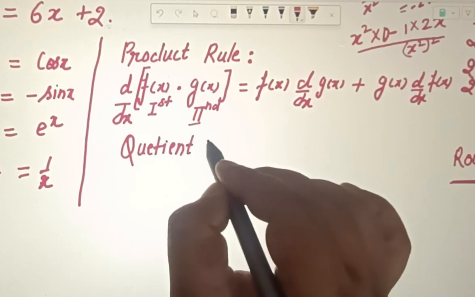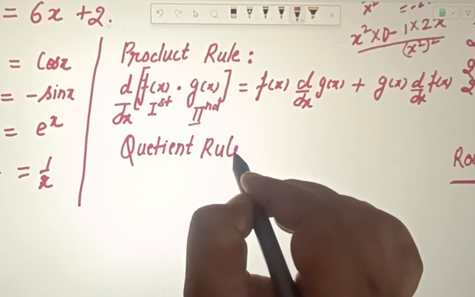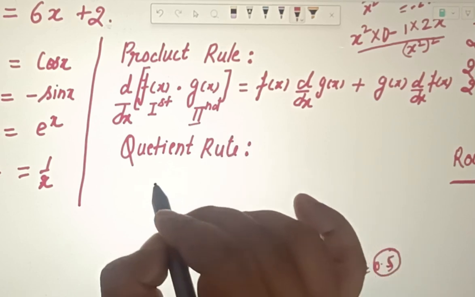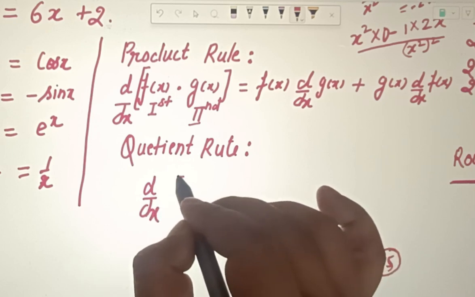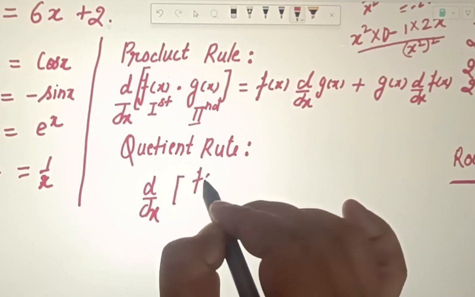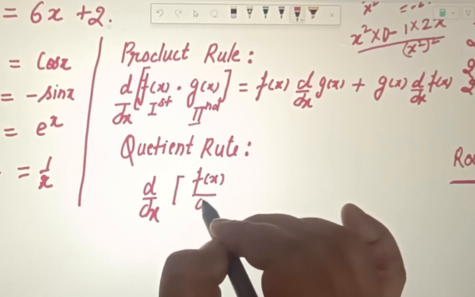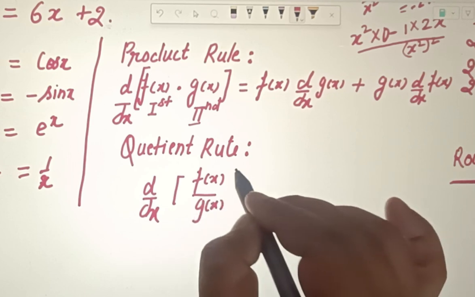The quotient rule. If the two functions are in the form of numerator and denominator, like f of x divided by g of x, then how will you differentiate?